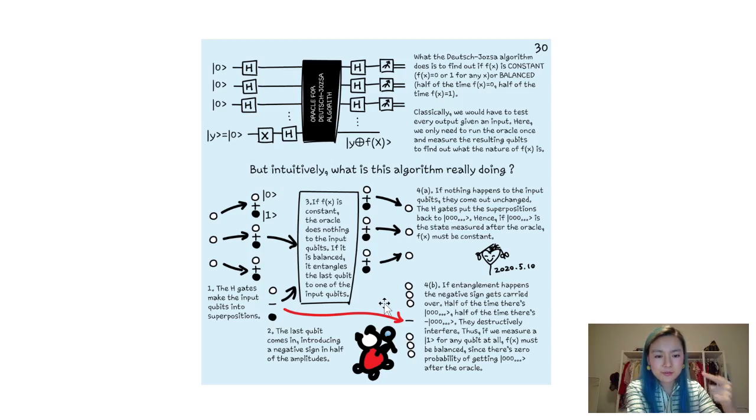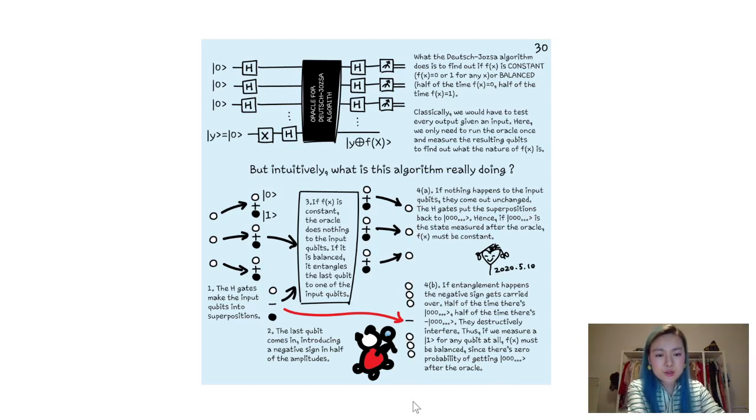So in fact, what this black box did, if the function is balanced, is that it creates this destructive interference for these states. So the output, if you measure 0, 0, 0, 0, and they are all 0, that tells you your function is constant.